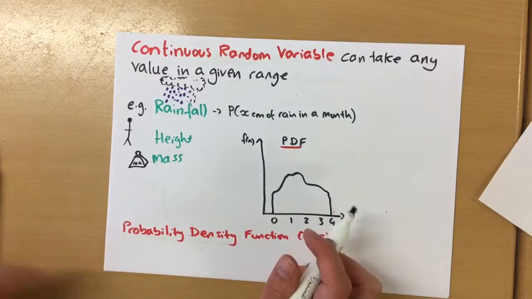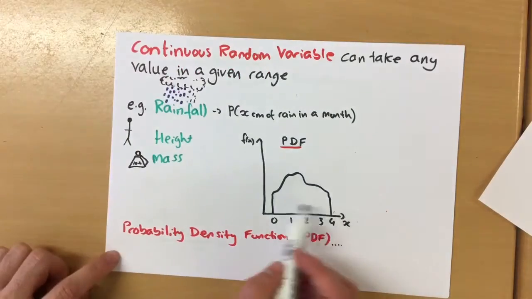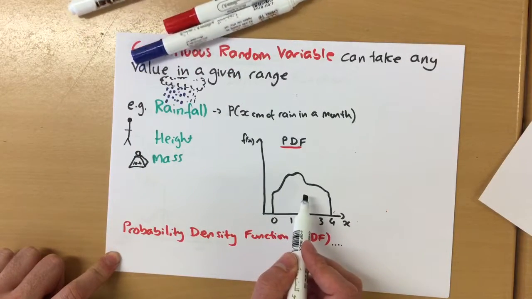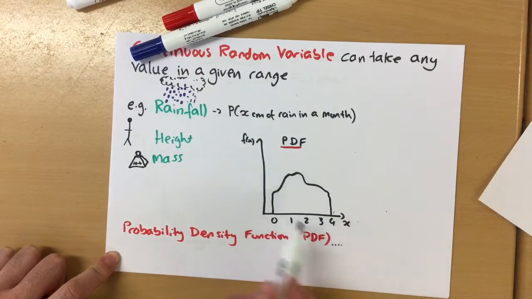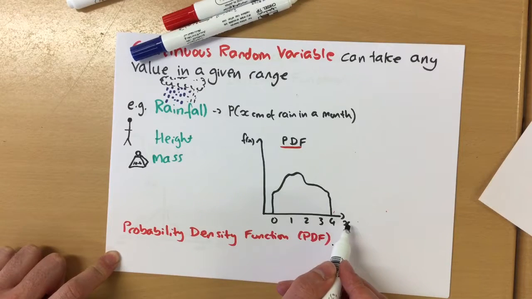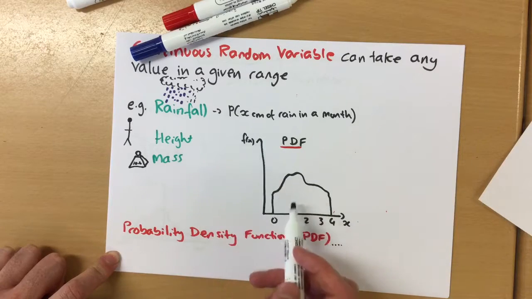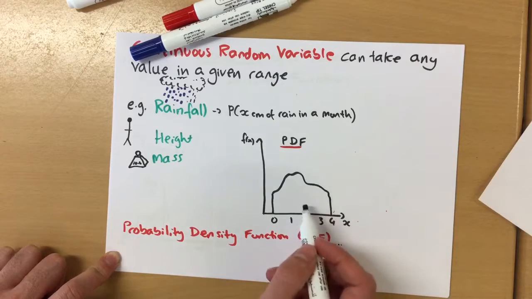And the graph of these looks like this. So here are the values of x. In this one, our value of x could be between 0 and 4. This is some function of x, and your probability is the area underneath.